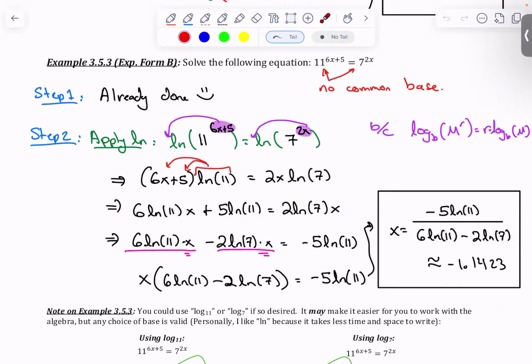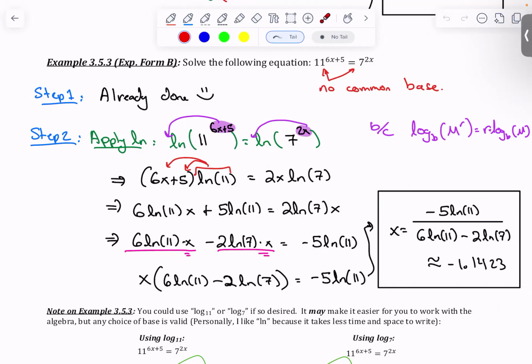But if I use the approximation to check my answer, let's go ahead and do that real quick. I'll plug it into the left-hand side: 11 raised to the 6 times negative 1.1423 plus 5.